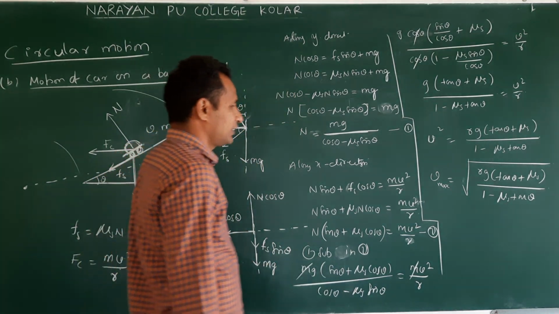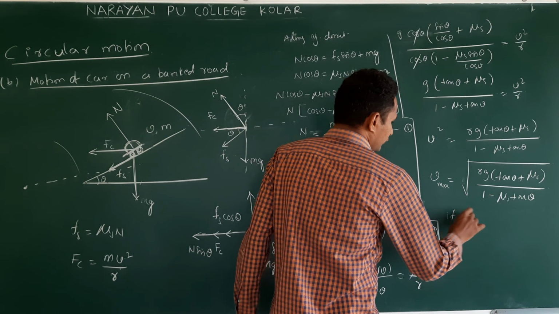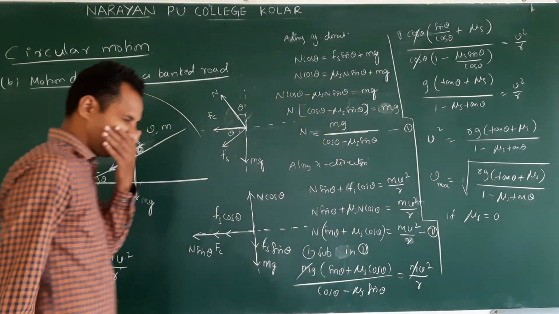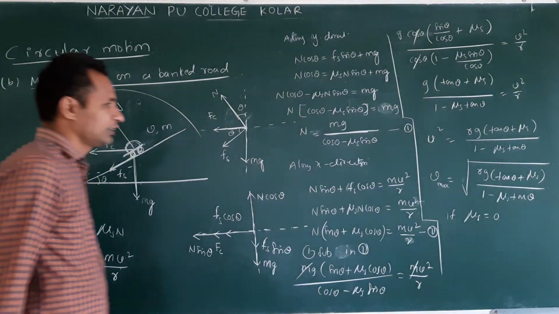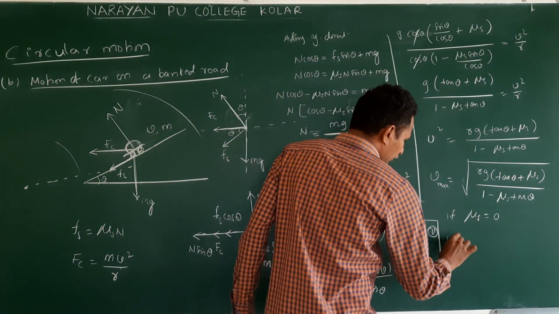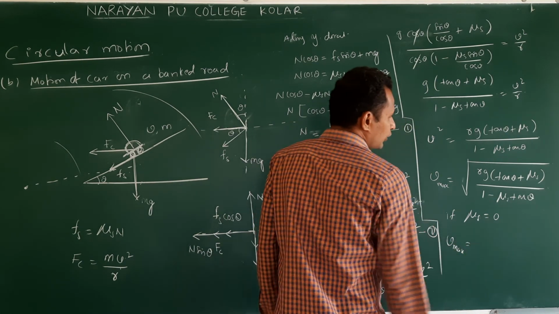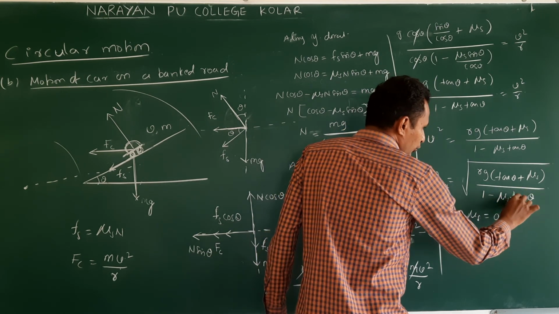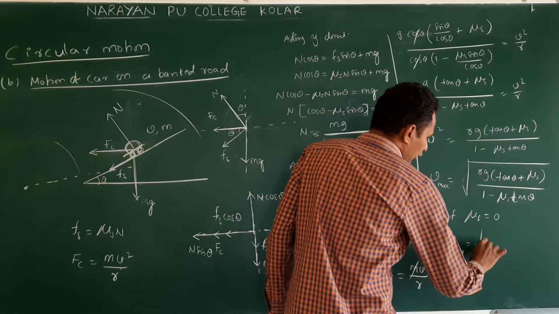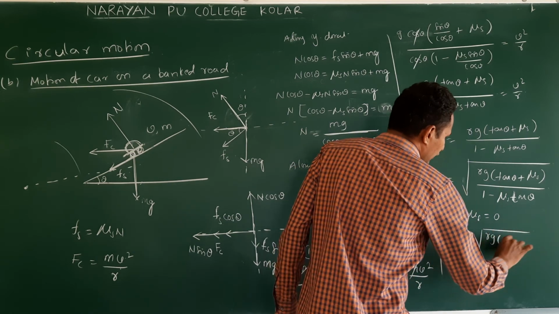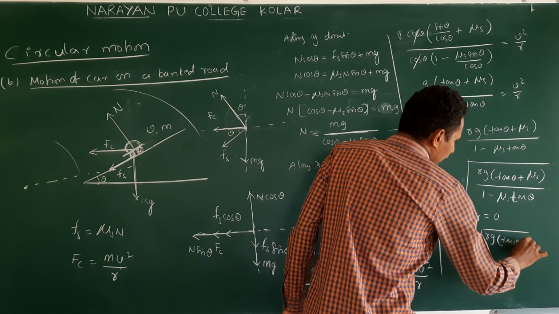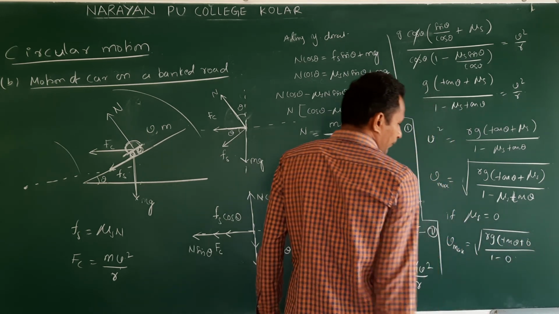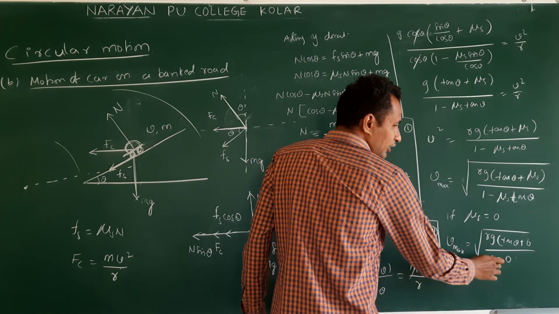We have one special case. If mu s is equal to 0, means no friction. Is it possible or not? We will check. Mu s is 0. What will happen? In the equation V max, if mu s is 0, this is under root of R g tan theta plus 0 by 1 minus 0, and 1 minus 0 is 1.